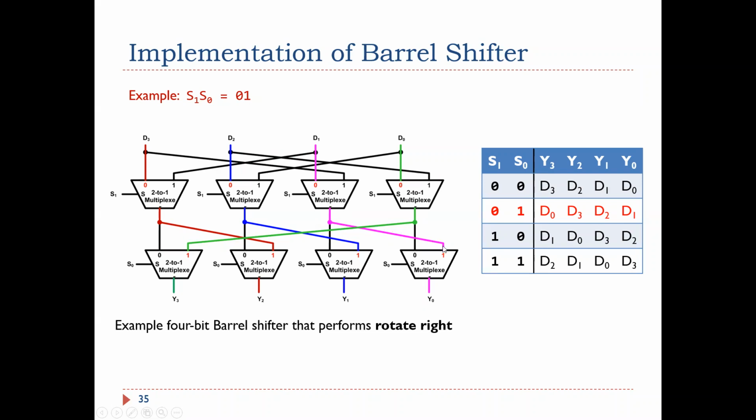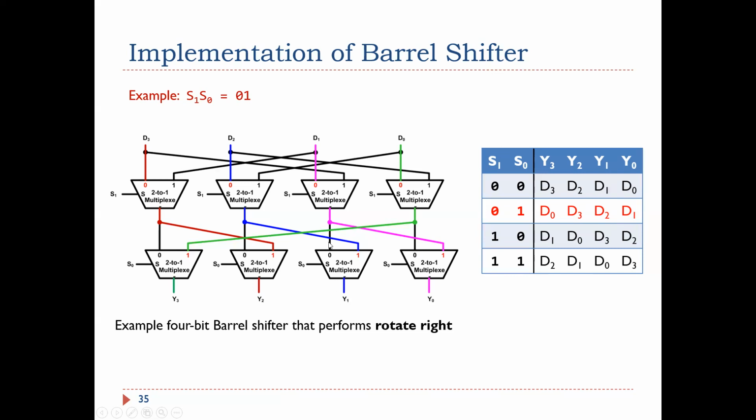So D1 comes here, and Y0 now will be D1. In this multiplexer there are 2 inputs coming: D0 is coming here, and D1 is coming here. But since S0 is 1, we are not going to select D0, we're going to select D1. So the output of Y0 will be D1.